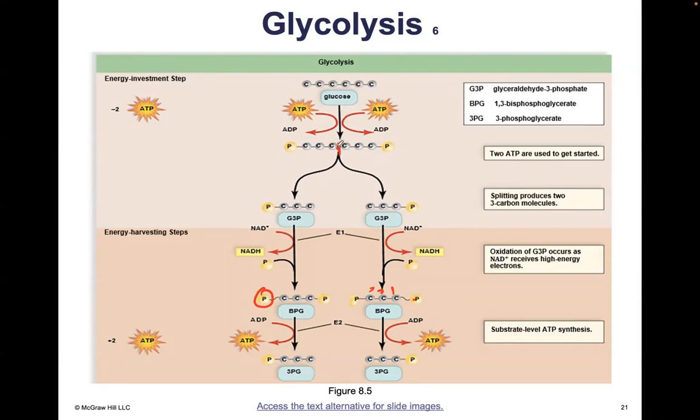I want you to know that the bond was broken in the middle here. So it's either you count 1, 2, 3, or you count 1, 2, 3. But I think the way it's being counted is from here, 1, 2, 3, and this is also 1, 2, 3. That's why you have 3-phosphoglycerate. So 3PG is 3-phosphoglycerate.